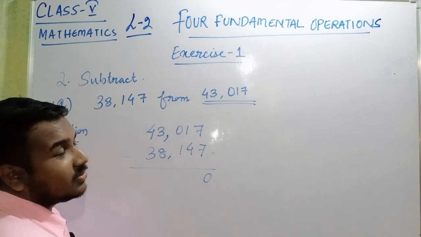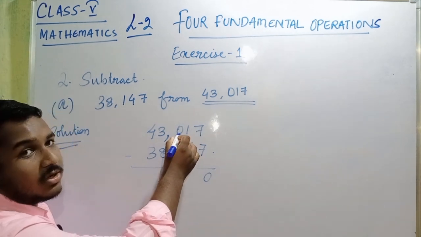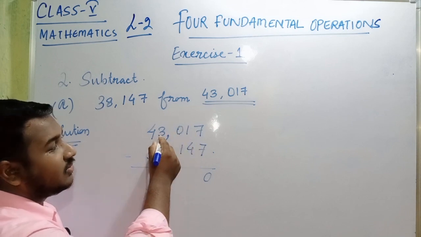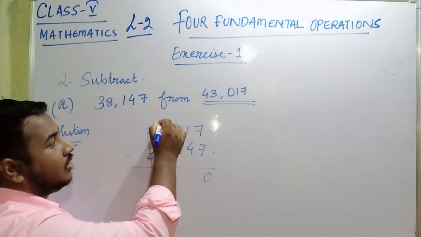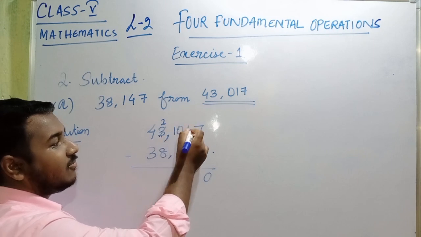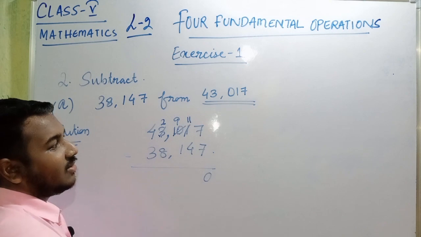It is not possible. 1 minus 4, how we will do? So from here, see here 0. 0 we cannot take 1. It is not having any value. So from 3 we will take here. It will become 2. This will become 10. Then from 10 it will become 9 and this will again become 11.